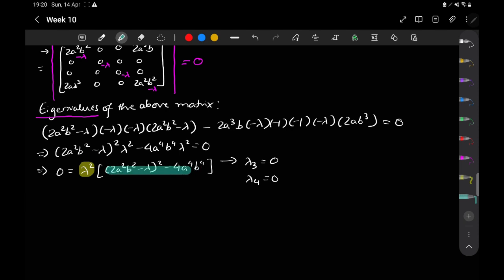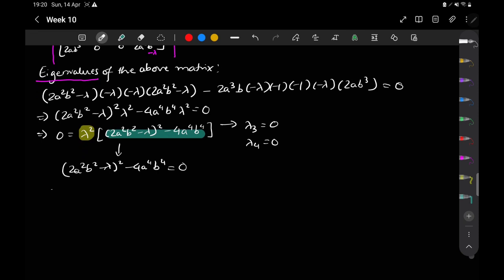Now we'll look at this term and set this to 0. Let me open up the bracket.